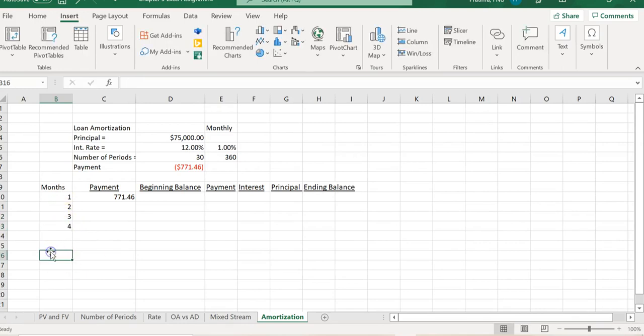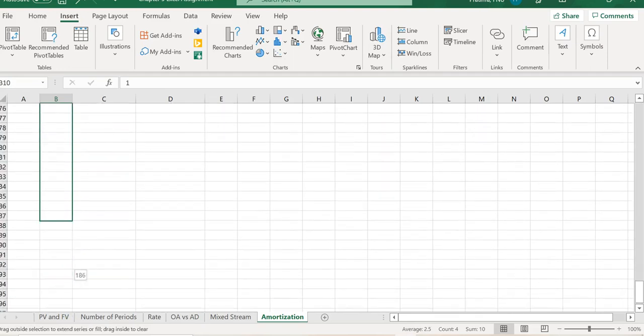So you can put 2 or 3 numbers, and then Excel will give us the series completely. We will go up to when this number turns to 360, and stop there. Okay, now this is up to 360. So we have 360 months.